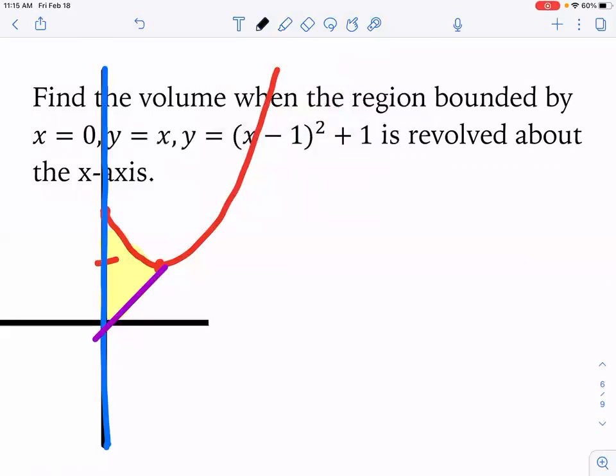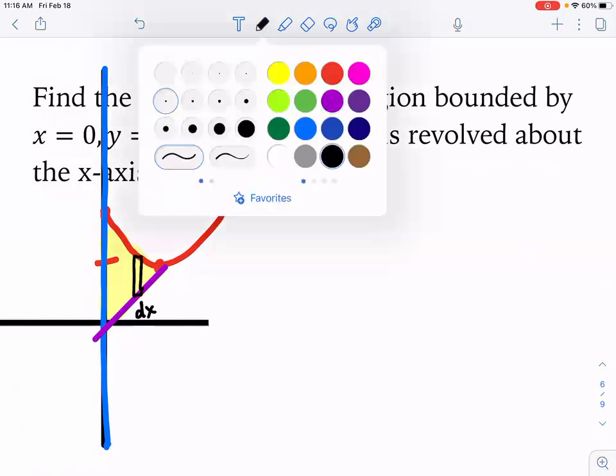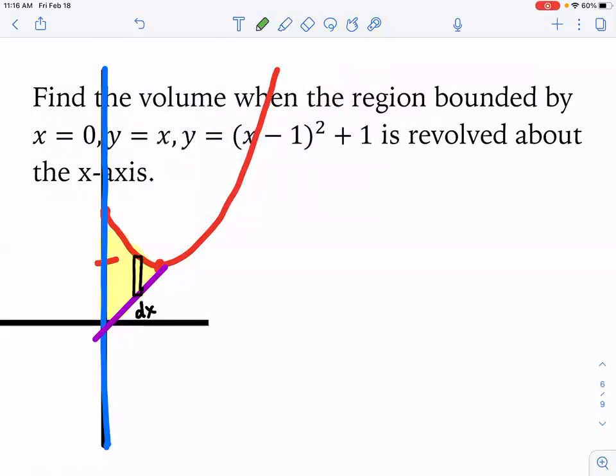All right, so if I draw in my rectangle of thickness dx, I want you to imagine. First of all, in addition to your picture with your rectangle, you need to indicate what you're rotating about. So we are rotating about the x-axis, which means I have that little circular arrow going around the x-axis.